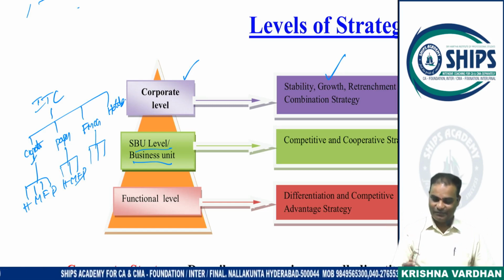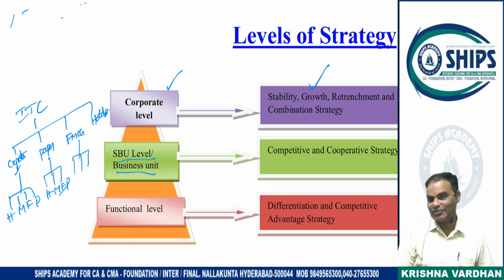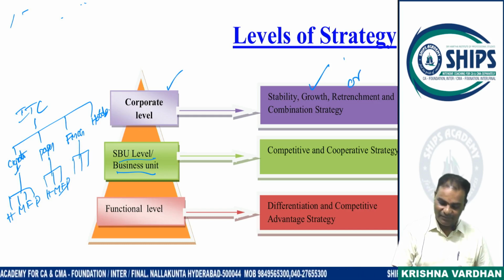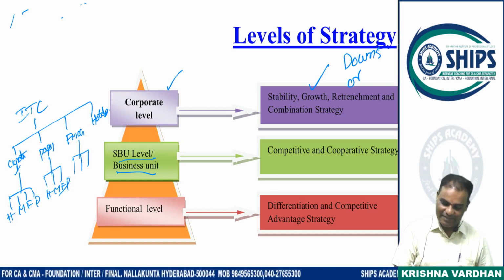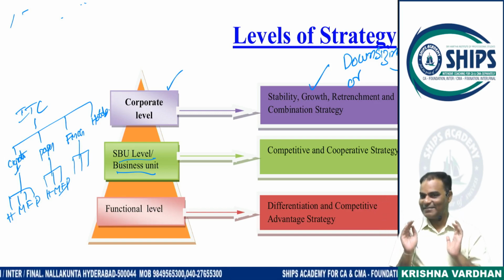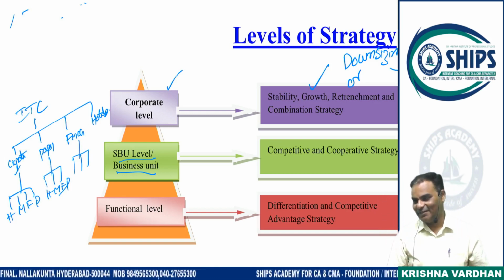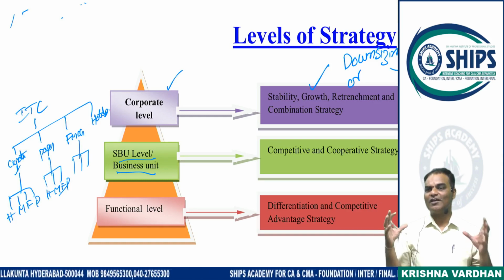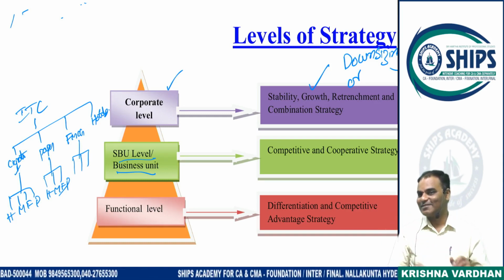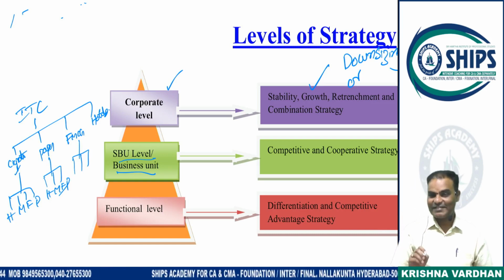Reducing the scope. We use a word called retrench or downsizing. What do you mean by this word downsizing? Down means reducing. Size, reduction of a size. Reduction of a size is not compressing. It is about reducing the scope of business operation. Call it retrench.